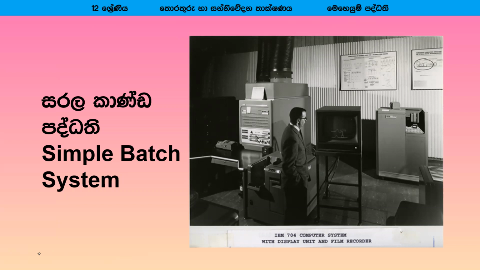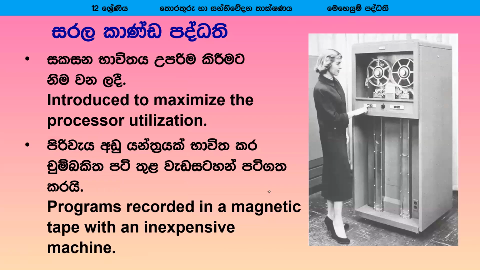So this IBM 704 computer system had this simple batch system, and that particular operating system was majorly designed to maximize the processor utilization. You can remember the disadvantage I told you in the no OS era.